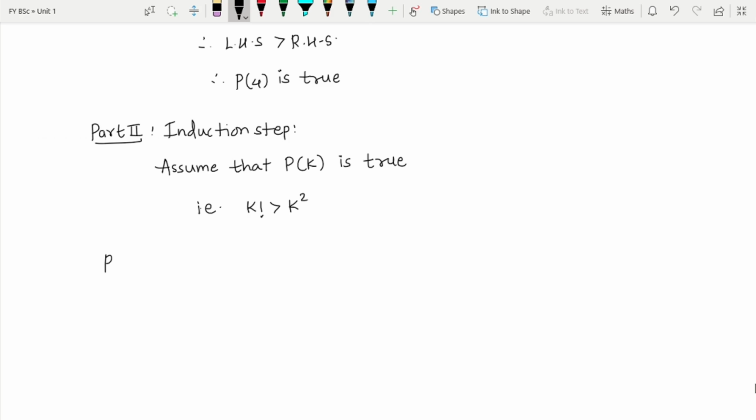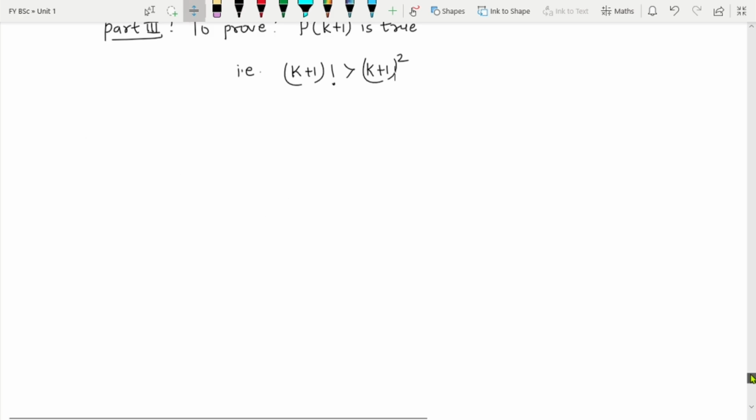So naturally I will start with k plus 1 factorial. Consider k plus 1 factorial, which is equal to k plus 1 multiplied by k factorial. But from the induction hypothesis, this k factorial is greater than k square, so I can write it is greater than k plus 1 multiplied by k square. The reason is that this k factorial is greater than k square, which is from star.